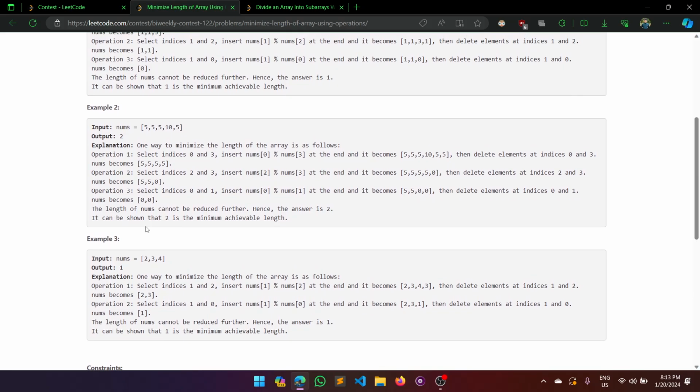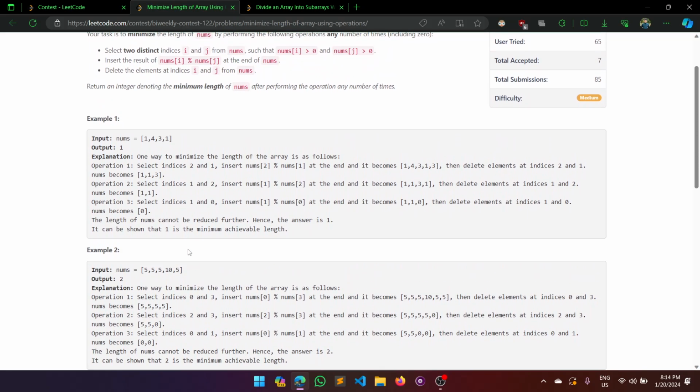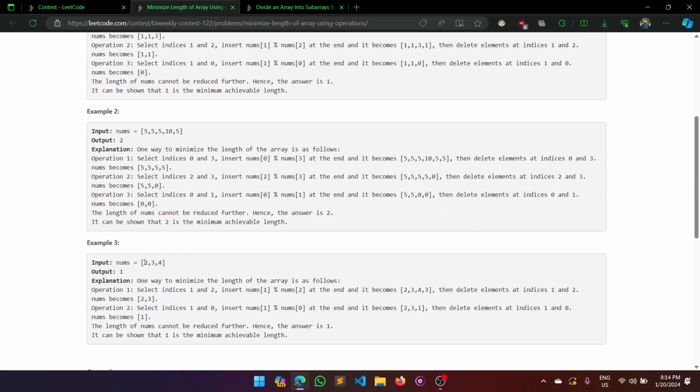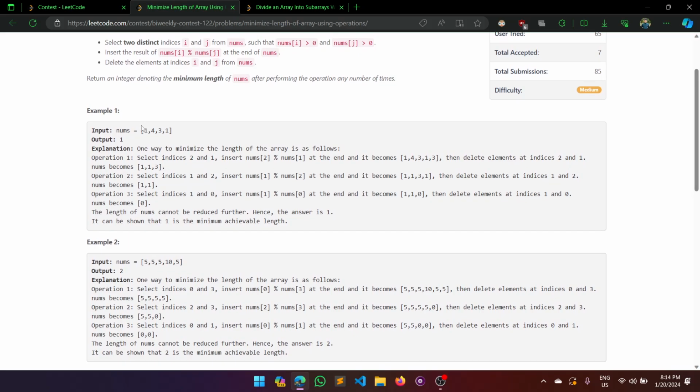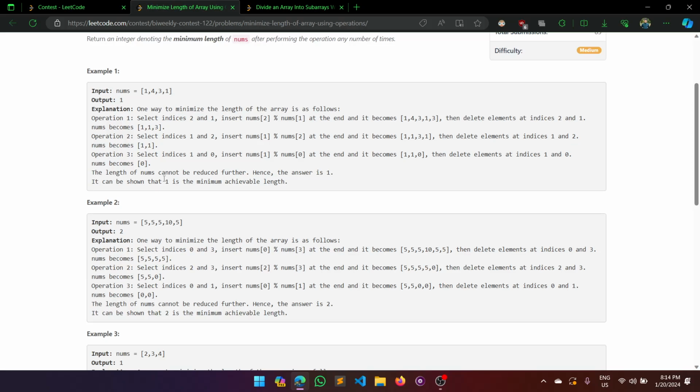Could be one as well, right? What if we just keep taking mod unless we have 0 or 1?